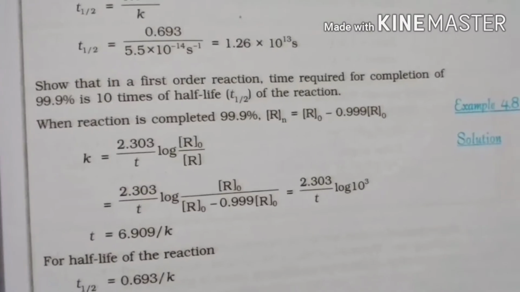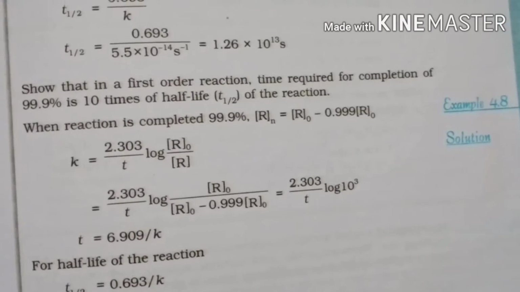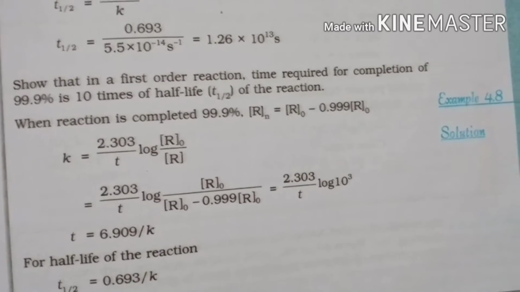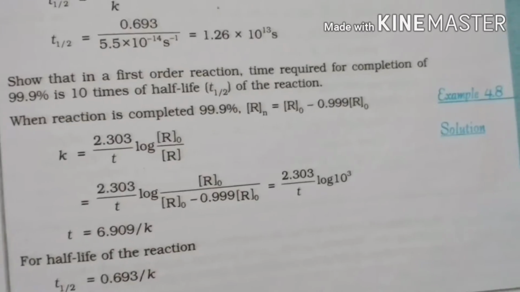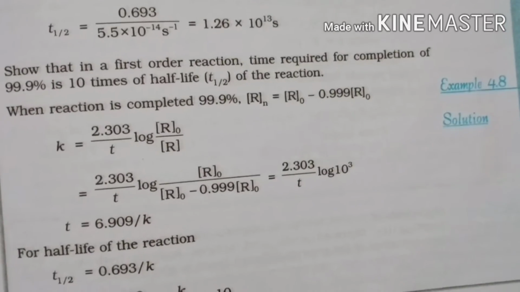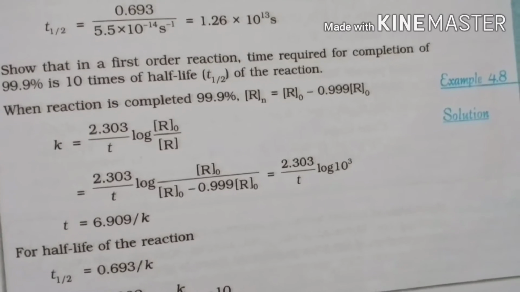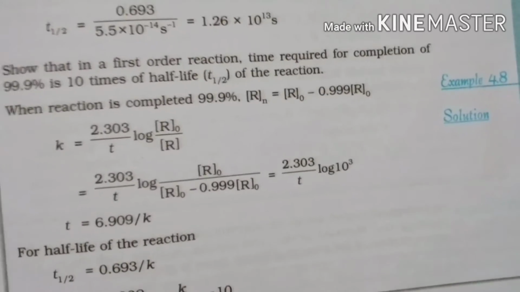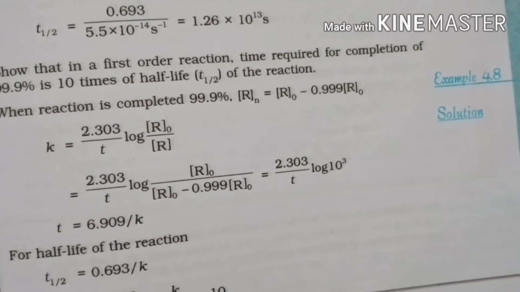When the reaction is completed, that is 99.9%, your R after time T, what should be the value of R? R naught minus 0.999 R naught. This 99.9 divided by 100, as it is a percentage, you will get 0.999 of the initial concentration.